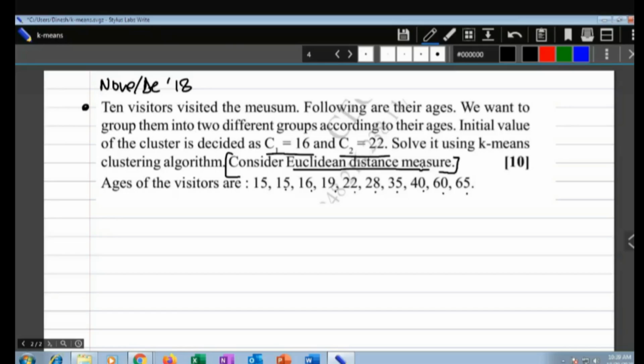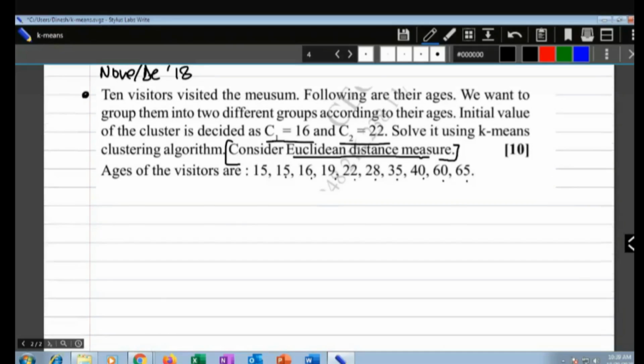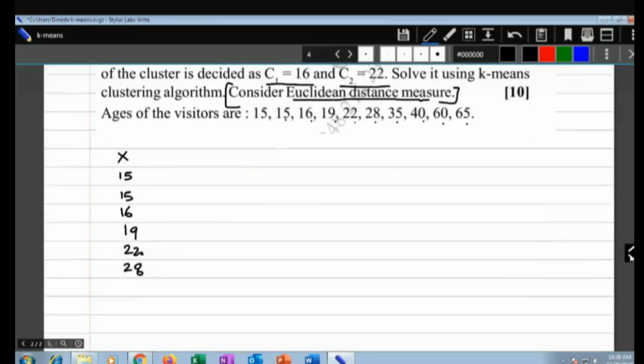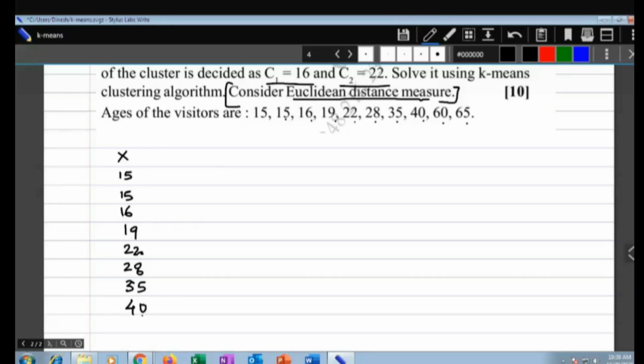So how will your approach be to this particular problem? Let this be data set X. You will write all the values of the points: 15, 15, 16, 19, 22, 28, 35, 40, and then 60 and 65.